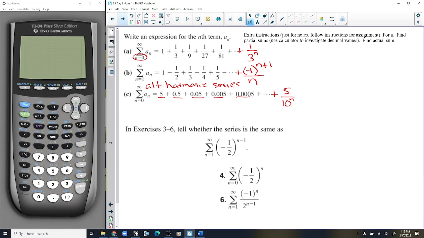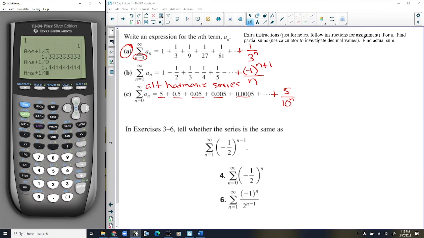Off to the side, I said, let's take letter A, which you won't do on your homework, and let's look at partial sums. The first sum is 1. Not much info on the first sum. Plus 1/3. And let's keep going, plus 1/9.